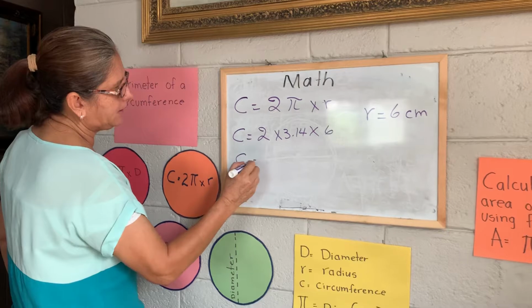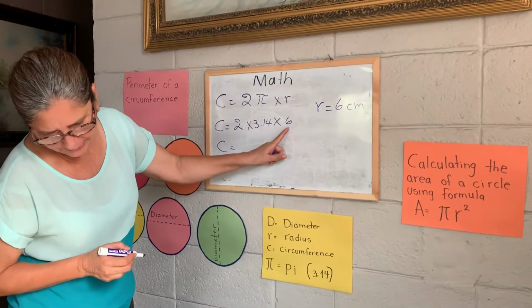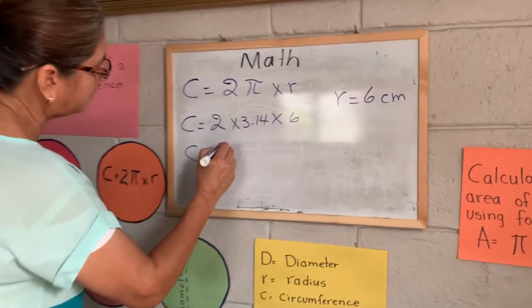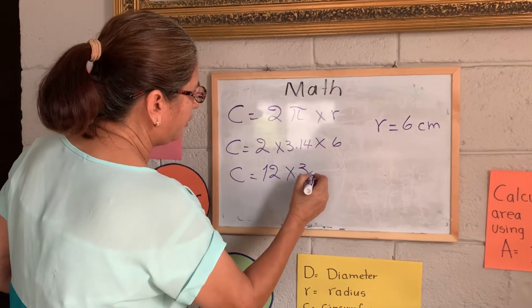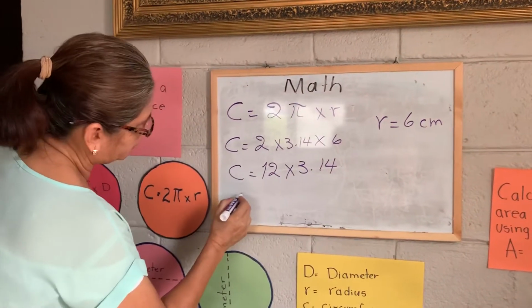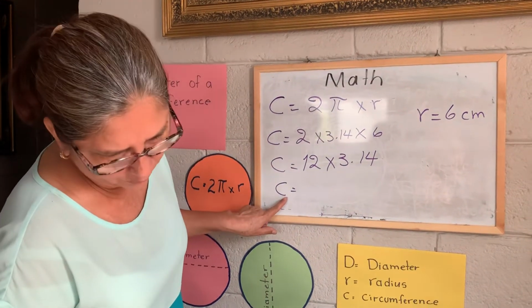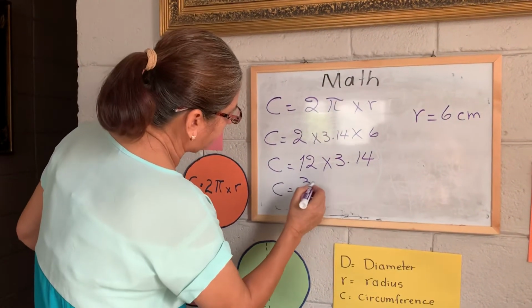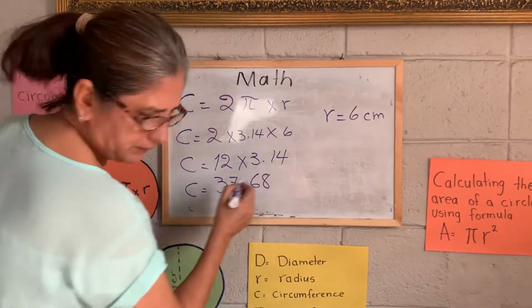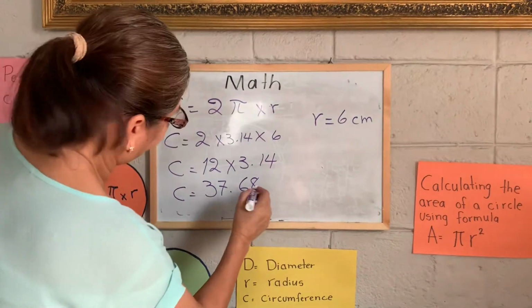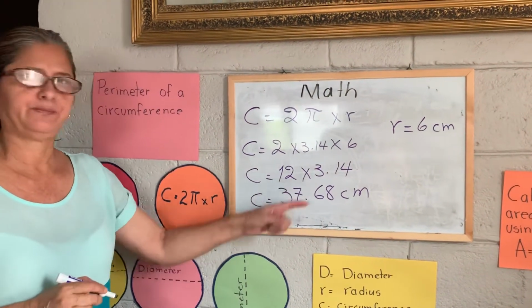I multiply 2 times 6, 12, and then I multiply by 3.14. So the circumference is equal to 37.68 centimeters. Okay, this is the answer.